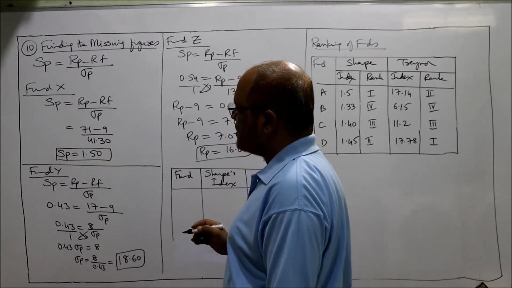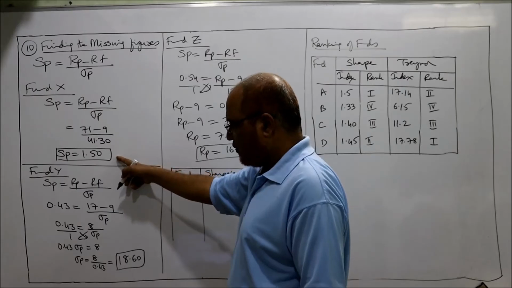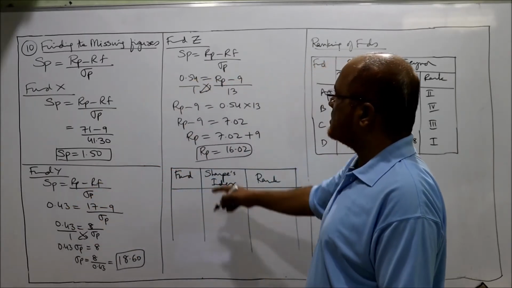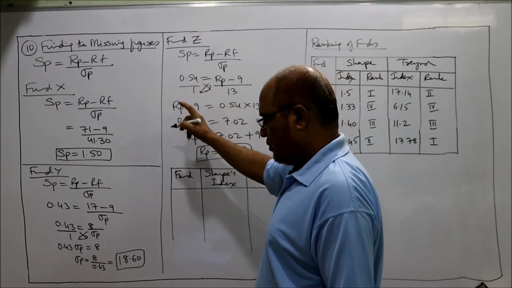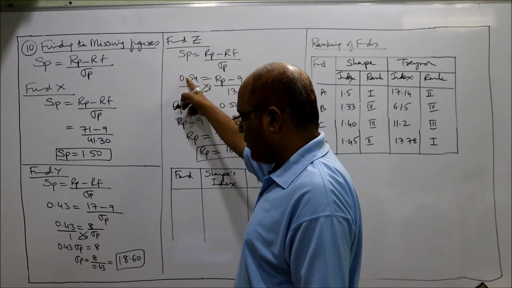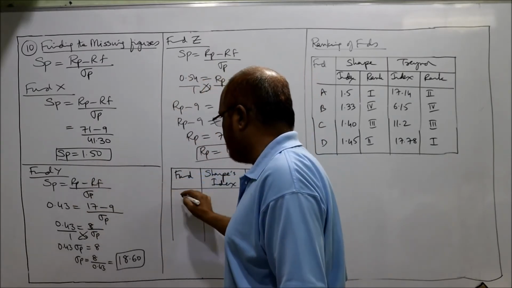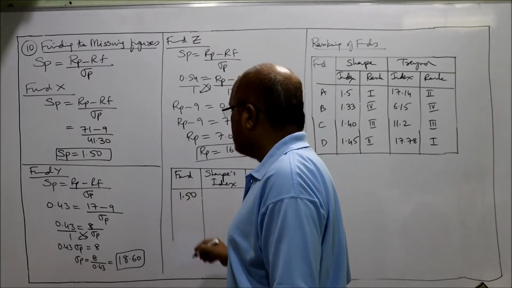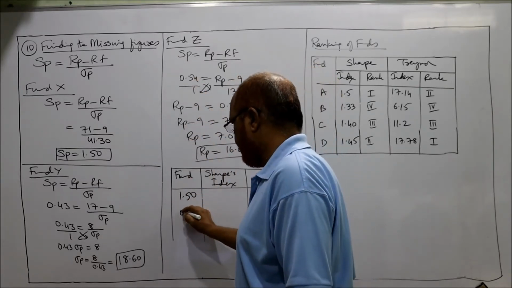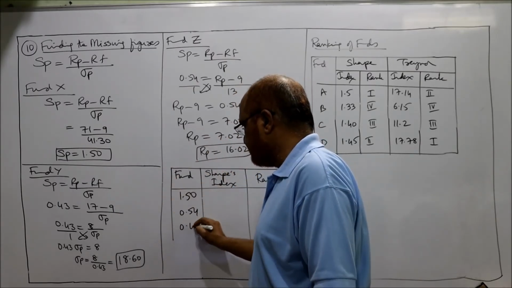So first of all, what is the Sharpe's measure for X? 1.5. For Y it is 0.43 and for Z it is 0.54. So what is the highest value? Highest is 1.5. Then second is 0.54 and third one is 0.43.